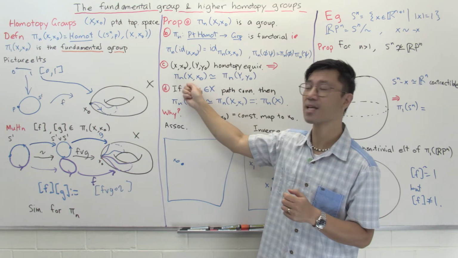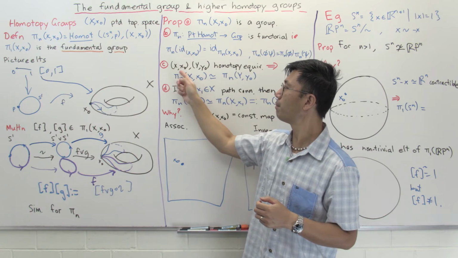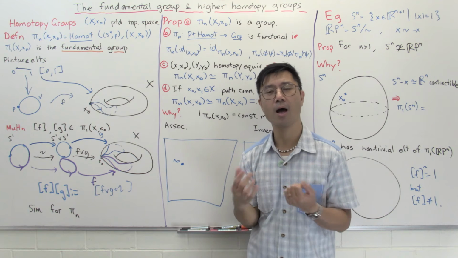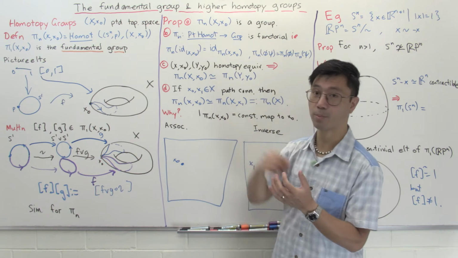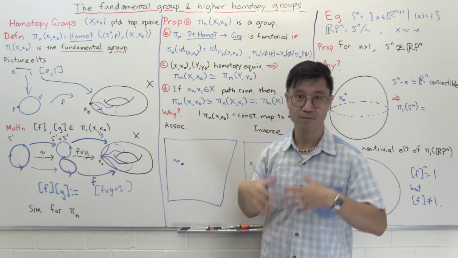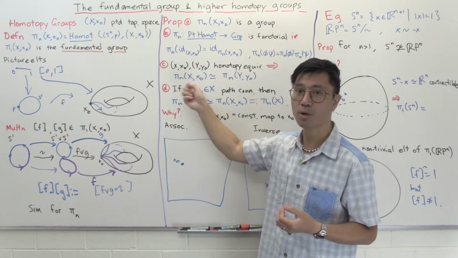Essentially it's saying that if you have two pointed topological spaces and you want to check, for example, are they homeomorphic or not, or even just homotopy equivalent, one very important way to do that is to just look at invariants such as the higher homotopy groups.